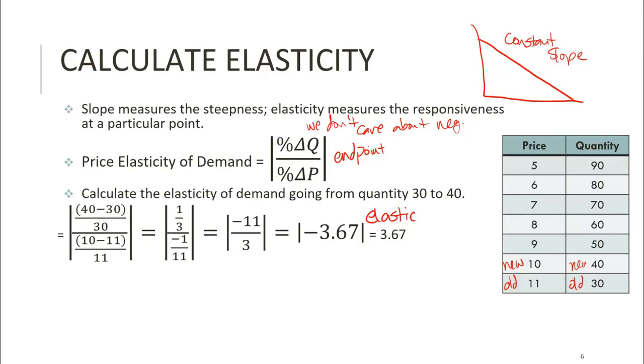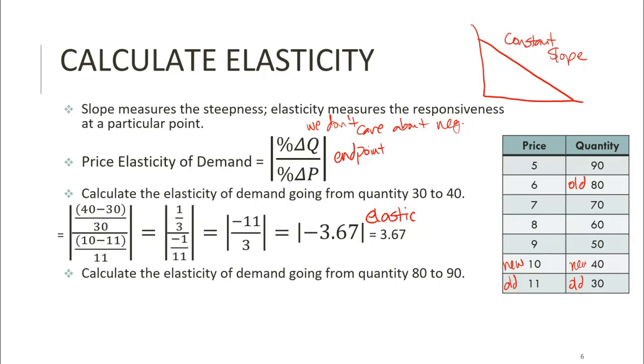Now we're going to do the same thing at another point on this table where we're also still going to have a $1 price change and a $10 quantity change. So we're going to calculate what happens when we go from 80 to 90. So 80 is going to be our old value, 90 is going to be our new value, $6 is going to be our old value, and $5 will be our new value.